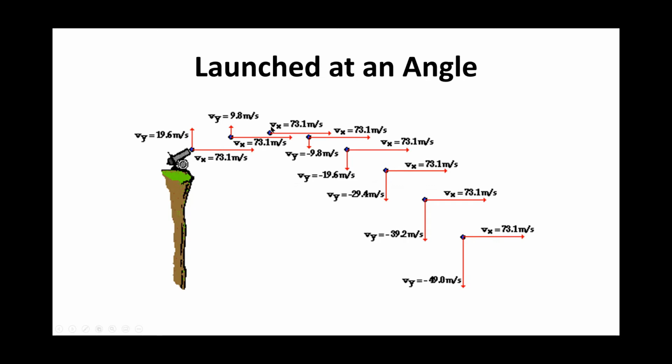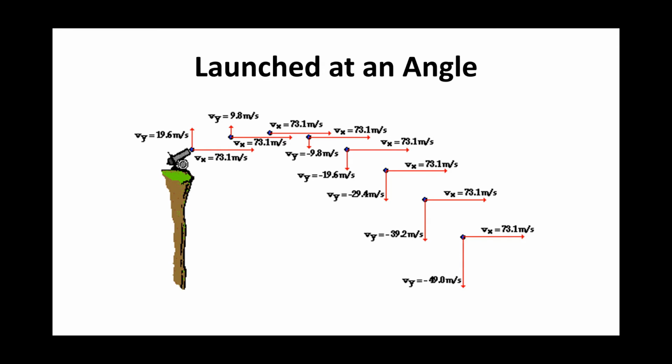After 2 seconds, it would cut to 0, and it would only have the horizontal velocity. After 3 seconds, it would be at 9.8 in the downward direction. After 4 seconds, 19.6 in the downward direction, and so on and so forth, just increasing in downward velocity because of the acceleration due to gravity, because of the Earth's gravitational force field. So just visualizing it a bit differently, only focusing on the components.